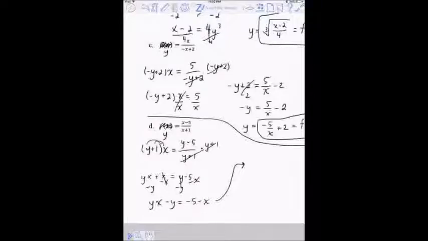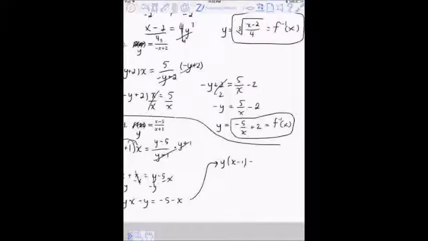Now if you notice here on the left, both terms have a y. So you can factor it out, and you're left with x minus 1. And if you divide by it, you've got your inverse.